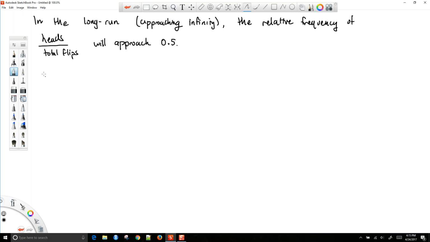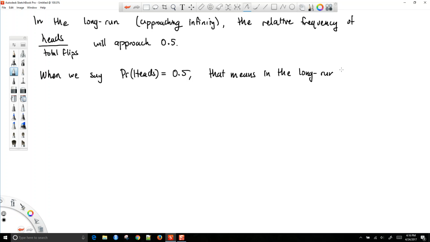Okay, so when we say the probability that the coin lands heads equals 0.5, that means in the long run, the relative frequency approaches 0.5.